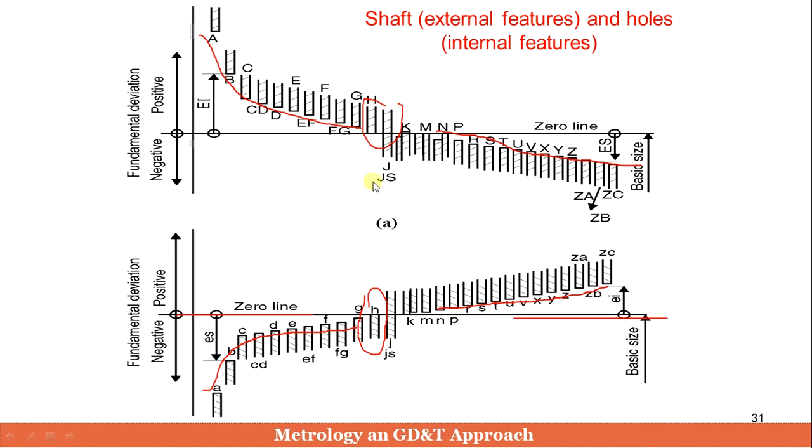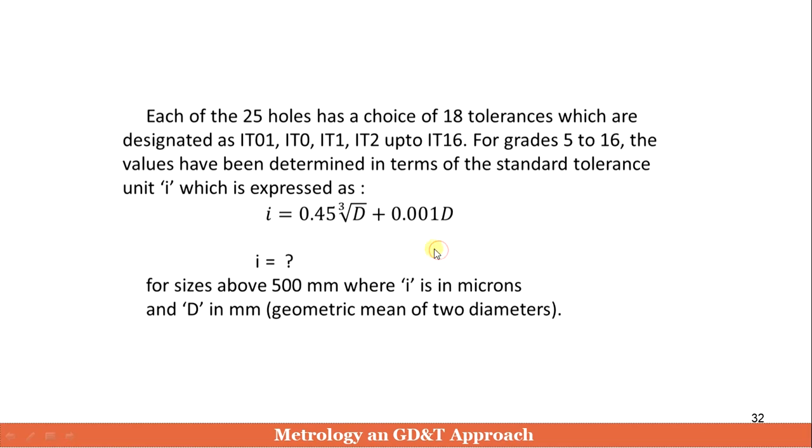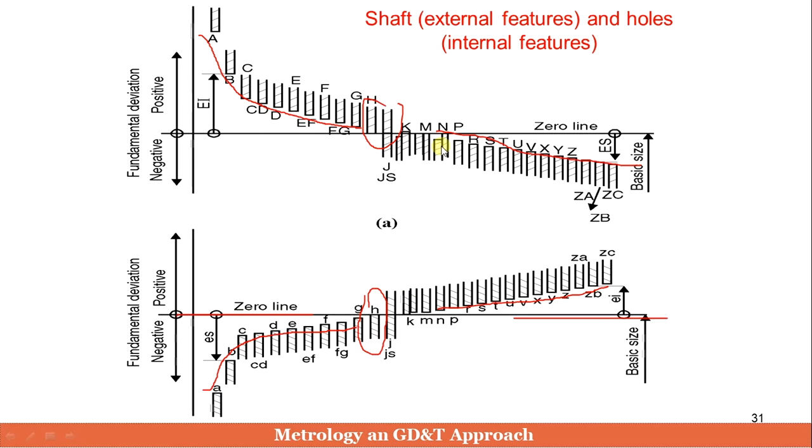Now what is to be understood is how the tolerance can be provided. Each of the 25 holes has 18 tolerances, which are designated as IT01 to IT16. So in total there are 18 tolerances, or we can say grades of tolerance. Tolerance grade means what should be the height of each block.